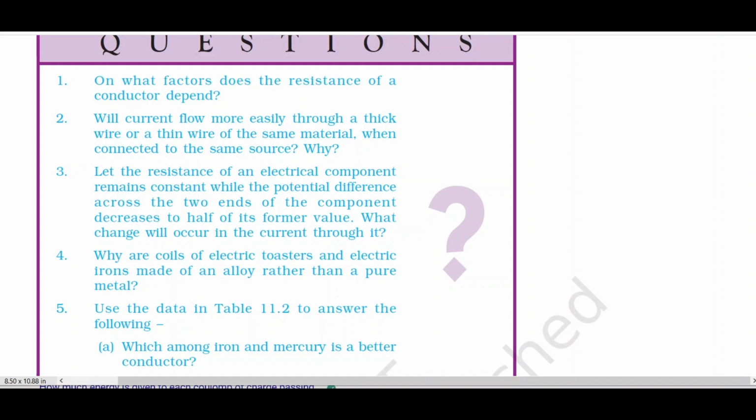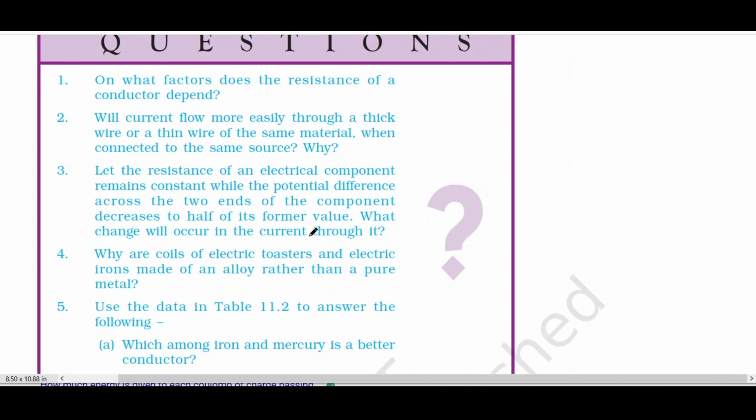Let the resistance of an electrical component remain constant while the potential difference across the component decreases to half of its former value. What change will be observed in the current? तो अगर मान लीजिए हम resistance को constant रखते हैं and we reduce the value of the voltage or the potential difference by half, how will the value of the current change?